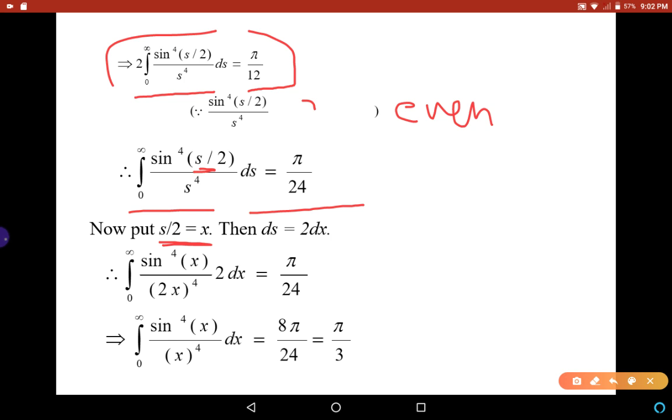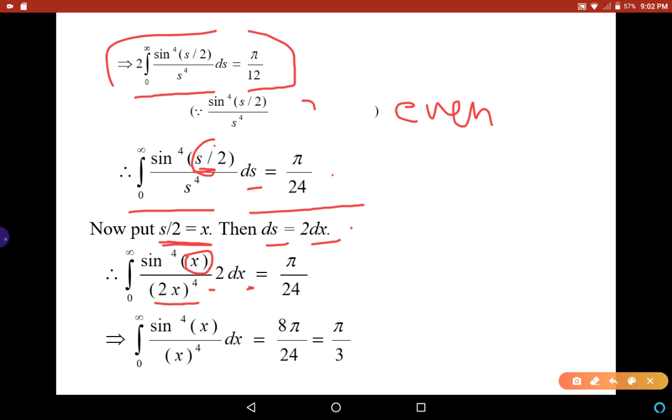Upon differentiating, s/2 = x, we get ds = 2 dx. Now if we substitute these values in the above integral, we get the integral from 0 to ∞ of sin⁴ x, divided by s⁴ which is 2⁴x⁴, and ds is 2 dx, which is equal to π/24.